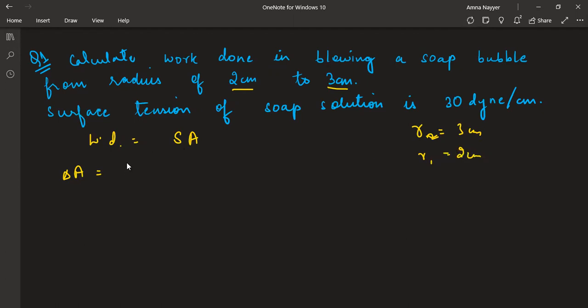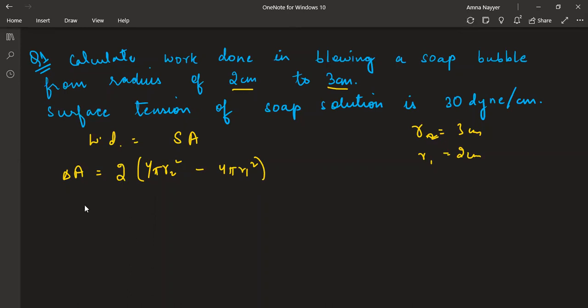So 4 pi R2 square will be the area of the second bubble minus 4 pi R1 square, the area of the first bubble. This is the total change in area. But what did I say? You have to double it at the end if it is a case of soap bubble.